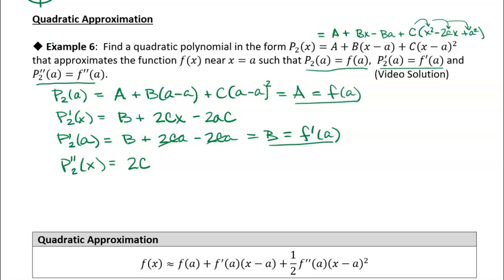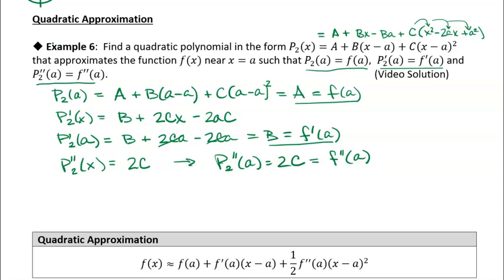And now the second derivative is just a constant. Let's write it down here. The second derivative of p at a is just 2c. It doesn't matter what a is, or what x is. It's always going to be 2c, and I want that to be f double prime at a.